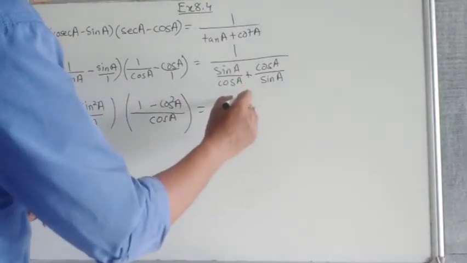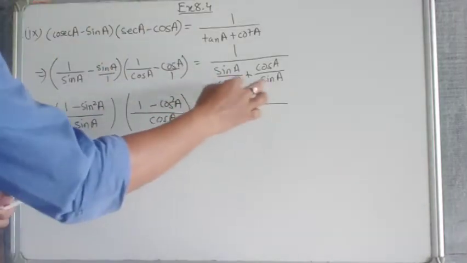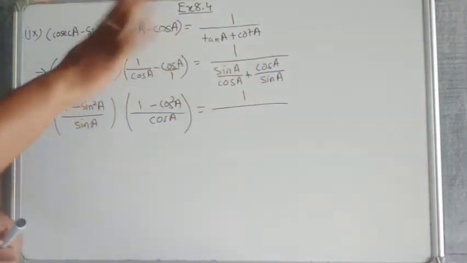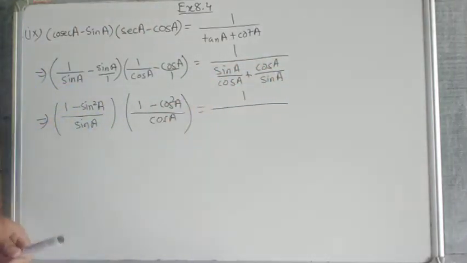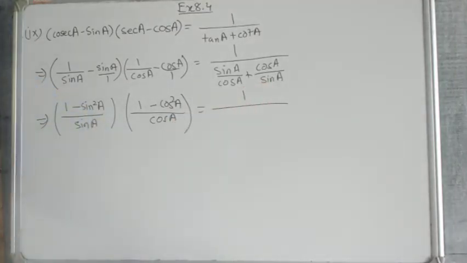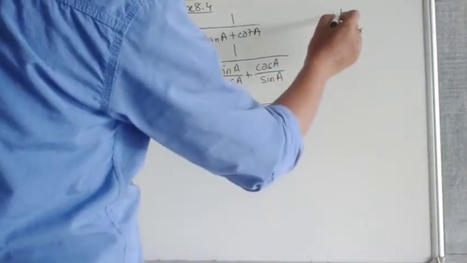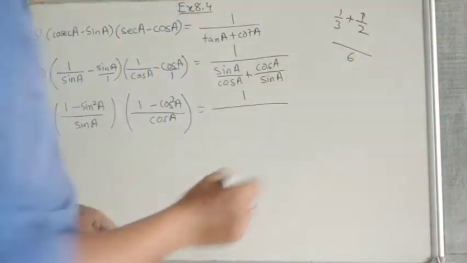Now 1 is 1, here we did nothing. Then here also we will apply LCM. When you do LCM here, this 1 is separated, and this whole part is there. Now here we have sin A and cos A. What will be the LCM? If you remember 1 by 3 plus 1 by 2, 3 and 2, the LCM becomes 6.